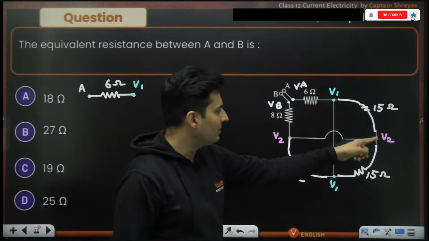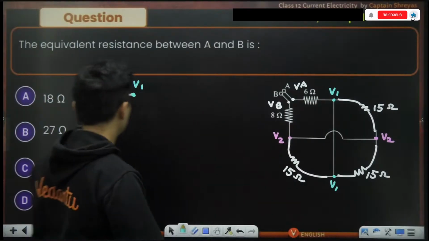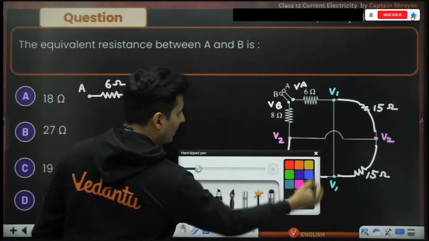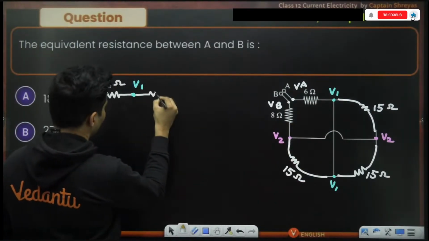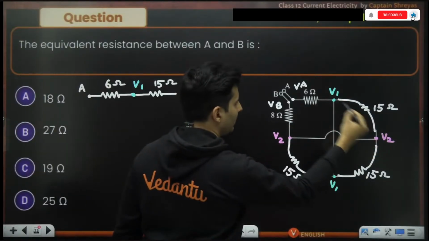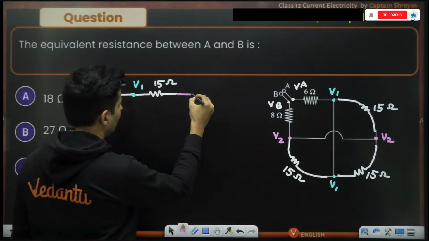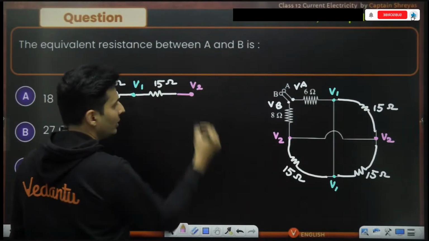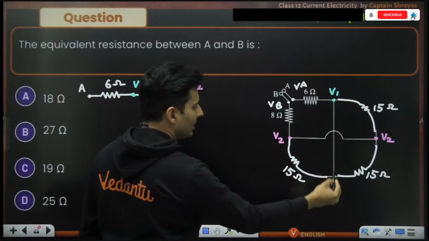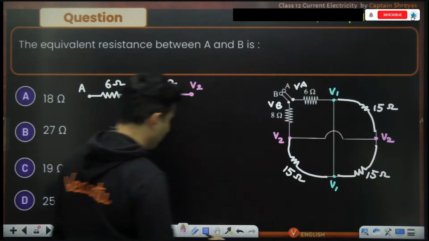Now there are two branches. One branch goes here, one branch goes here. This branch is definitely connected to one 15 ohm resistance. So there is one 15 ohm resistance directly connected between V1 and V2. Let me mark this particular point as V2, and V1 is connected again with a 15 ohm resistance to V2.